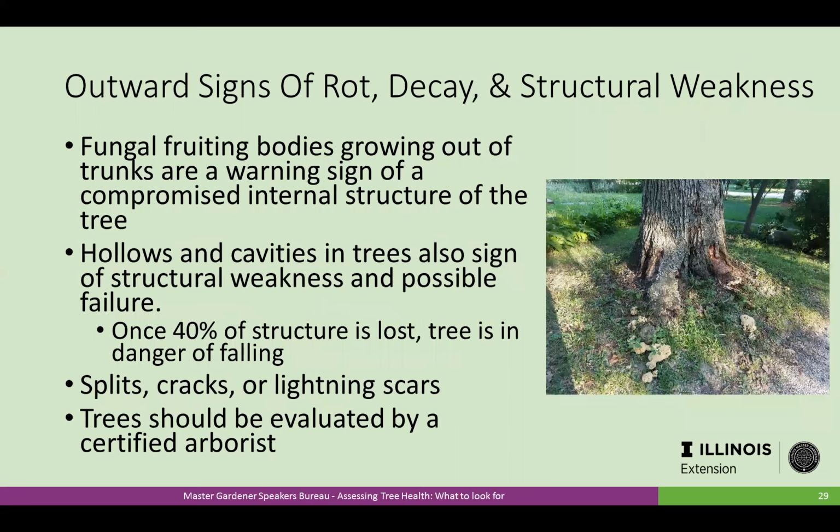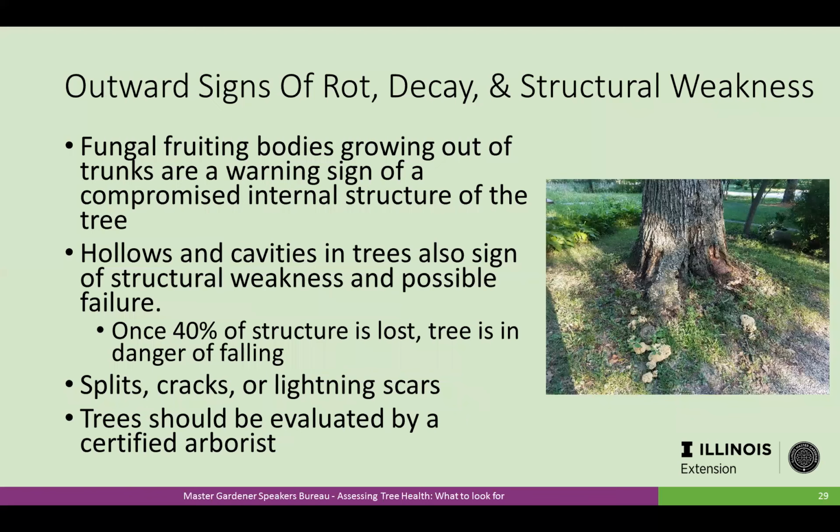Some of the things that you might look for in an established tree that are indicators of rot or decay or structural weakness. If you see mushrooms and lichens and so forth, they can mean different things. But generally speaking, a fungus feeds on dead or rotten plant material. It doesn't feed on the healthy part.